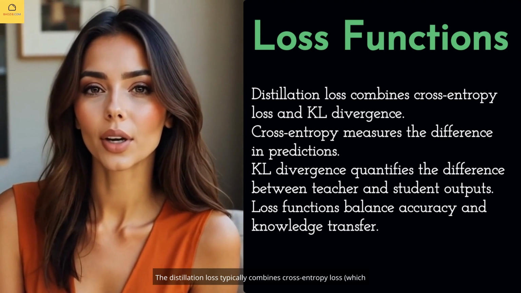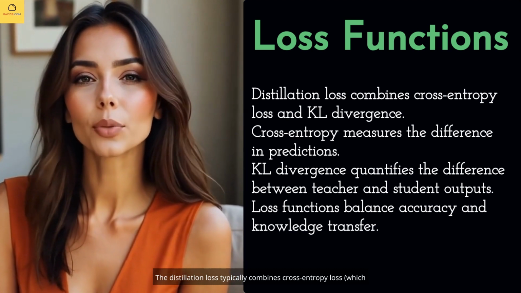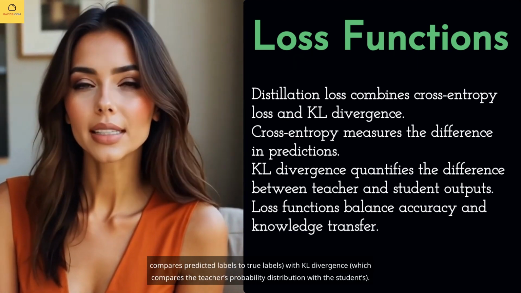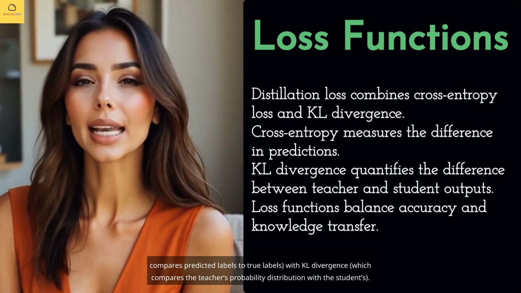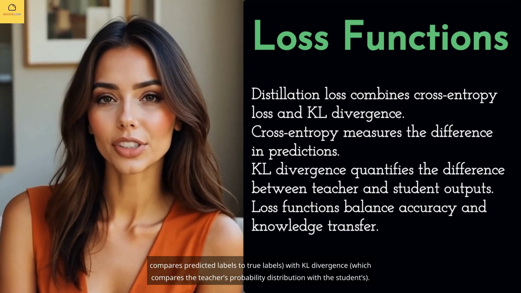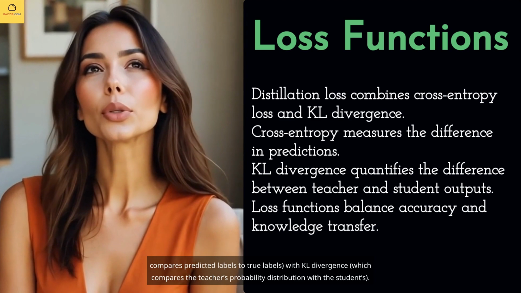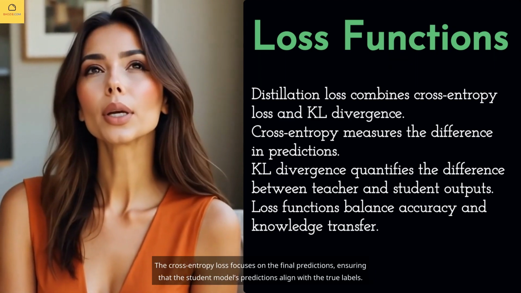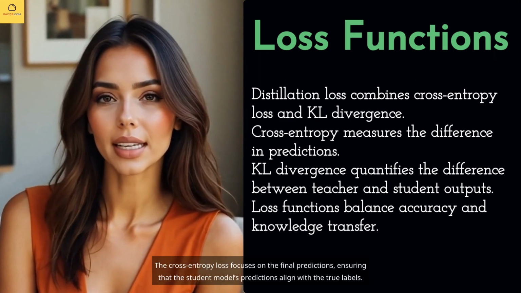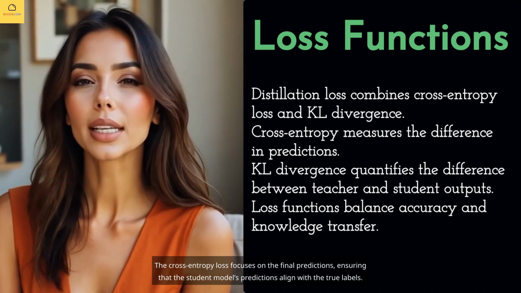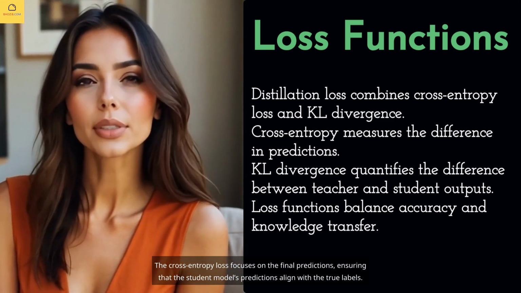The distillation loss typically combines cross-entropy loss, which compares predicted labels to true labels, with KL divergence, which compares the teacher's probability distribution with the student's. The cross-entropy loss focuses on the final predictions, ensuring that the student model's predictions align with the true labels.